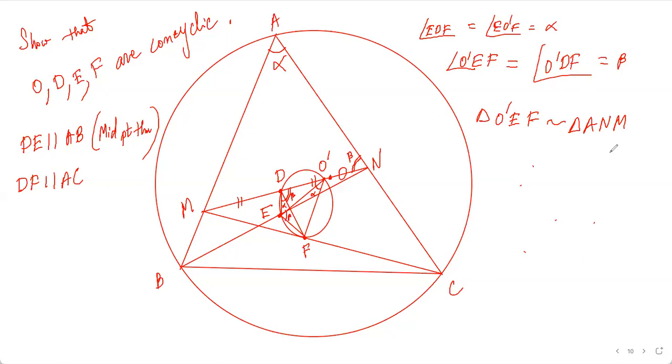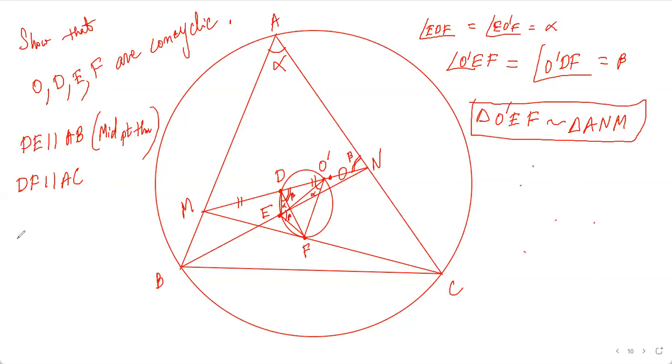So from there I'll get some ratio. Now also notice that O dash DEF is concyclic, so I can apply the Ptolemy theorem there. From these two triangles, I'll extract what I need for the Ptolemy theorem. I keep this aside for now.